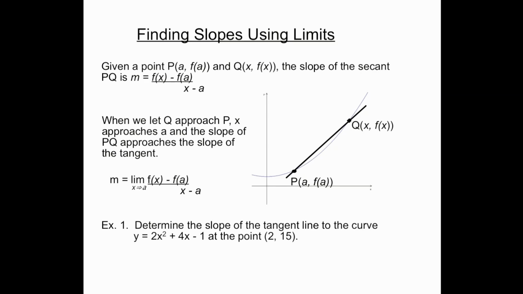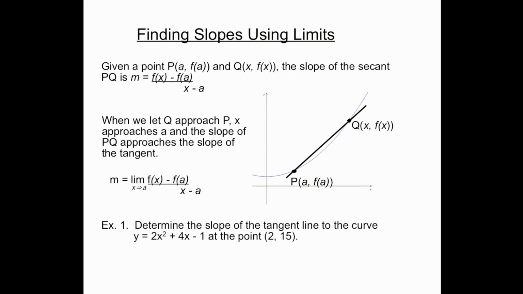So this top image is a graph that we're used to seeing. We've got a curve, we've got 2 points along this curve, we've got a line connecting those 2 points. In math speak, given a point P at a, f of a, and Q at x, f of x, the slope of the secant PQ can be given by the equation slope, or m, equals f of x minus f of a, all over x minus a.